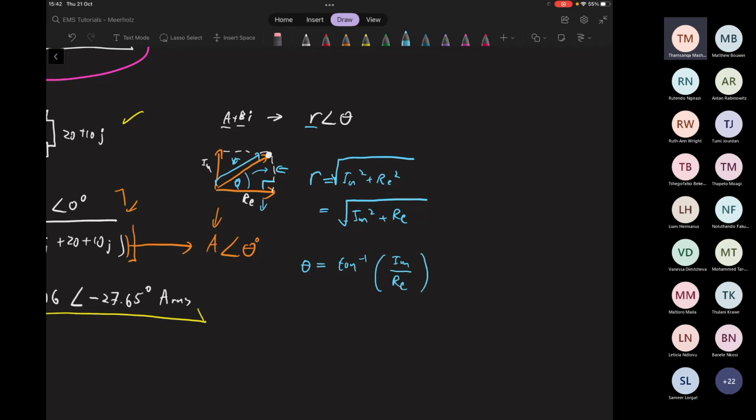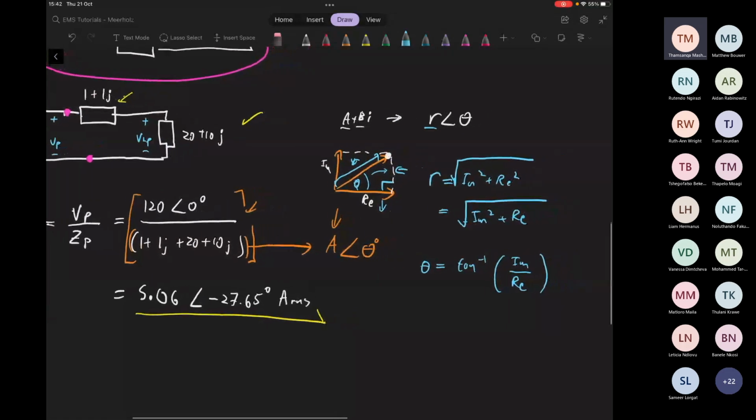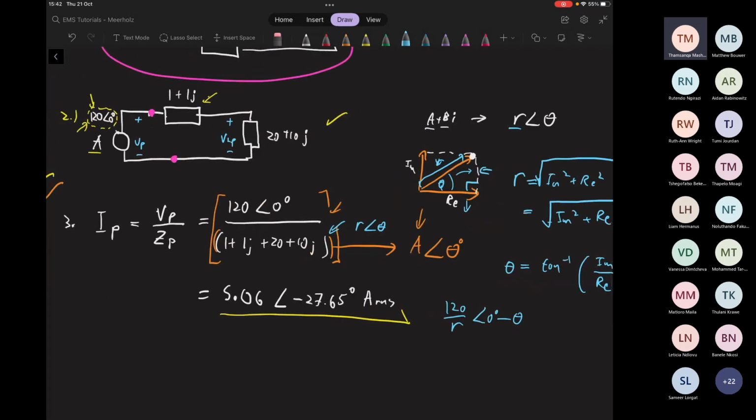And then from there, you would do the division. This would become some sort of number with an r and a theta. If you do a division, it will just become 120 divided by whatever that radius is, at 0 degrees minus whatever the phase was. And that's if you do it by hand, but our calculator does that for us.